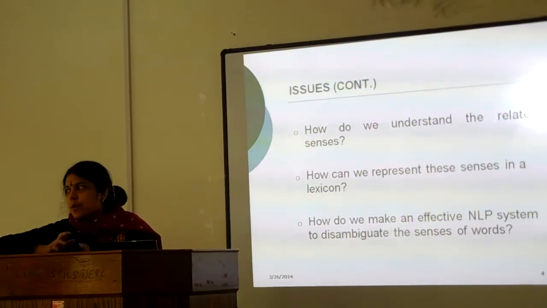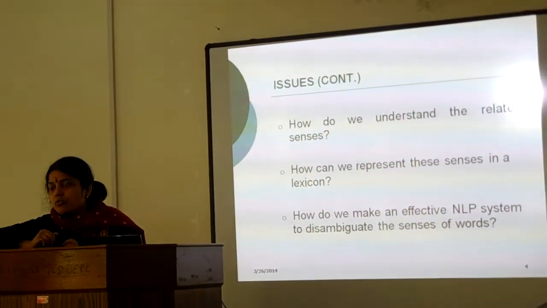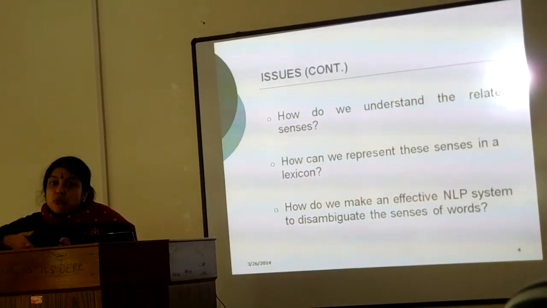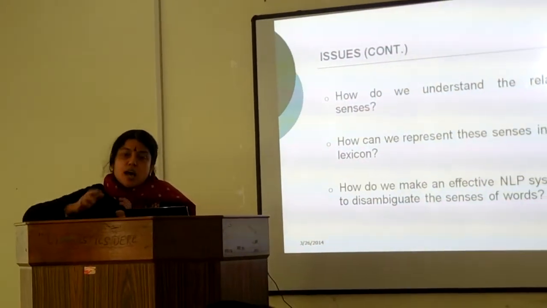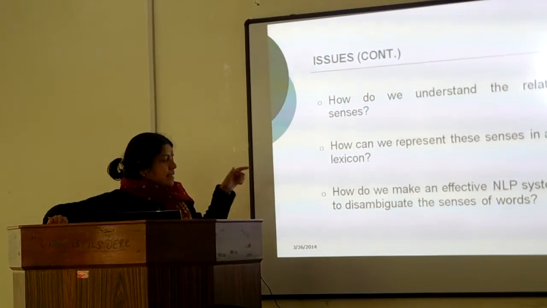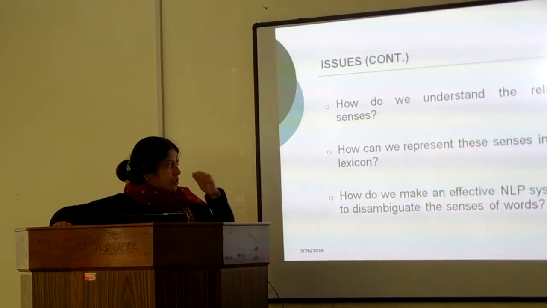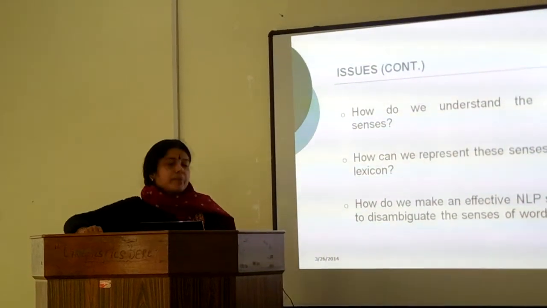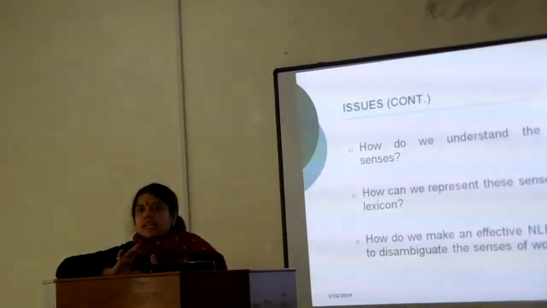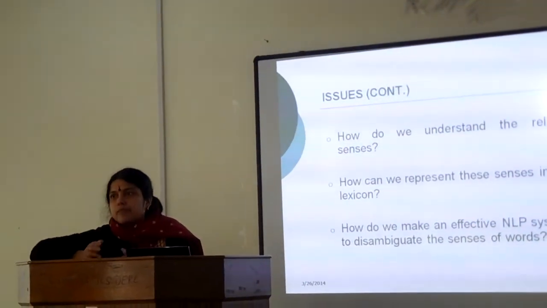So we have to make a very effective lexicon which will take care of these related senses for NLP purposes. So how can we represent senses in that way? That's what the third point is. How do we make an effective NLP system to disambiguate the senses of words? So this is a problem particularly in NLP and in various applications, word sense disambiguation.